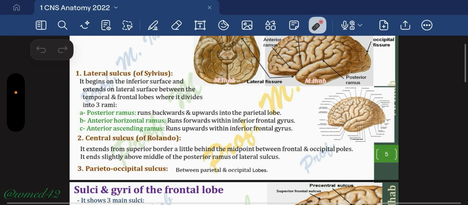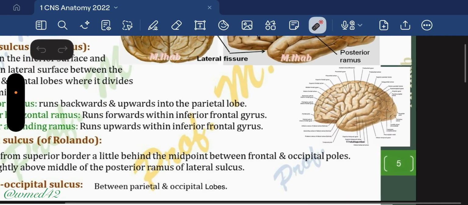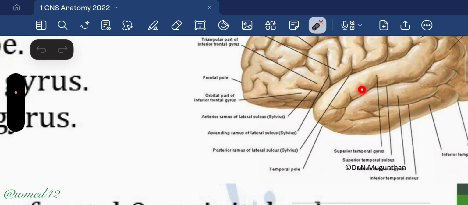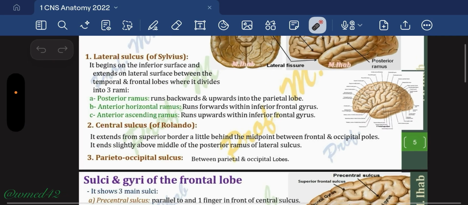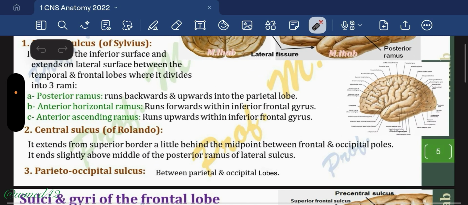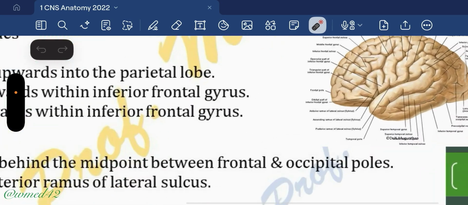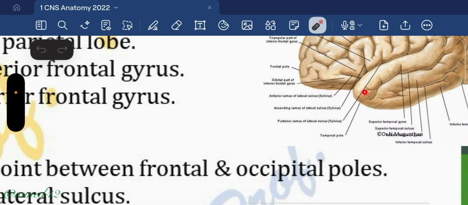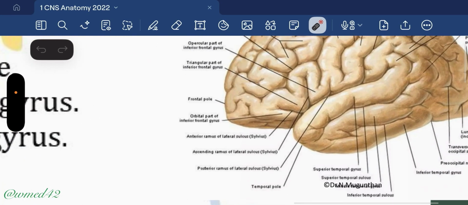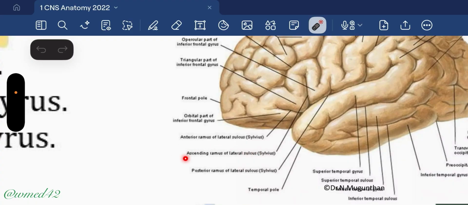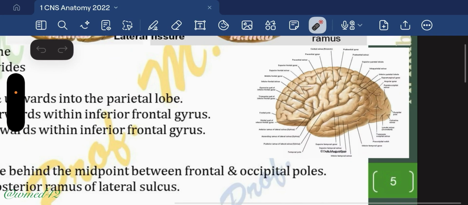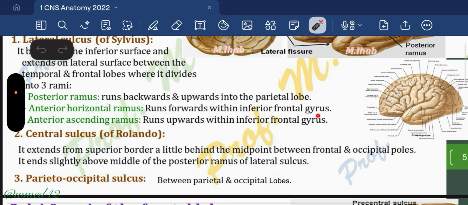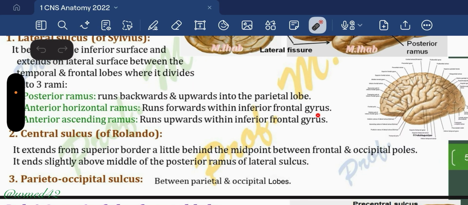The anterior horizontal ramus runs forward within the inferior frontal gyrus. So this is the anterior ramus of the lateral sulcus. Here it is. And the anterior ascending ramus, which is right here, runs upward within the inferior frontal gyrus.